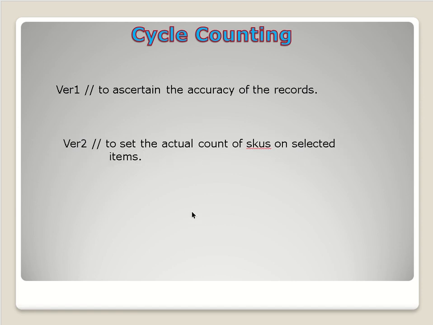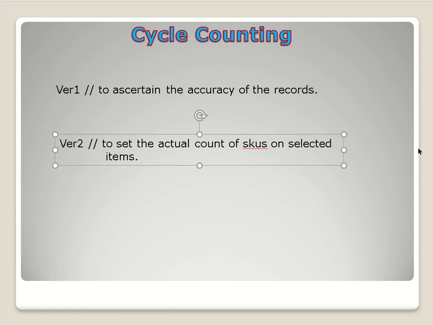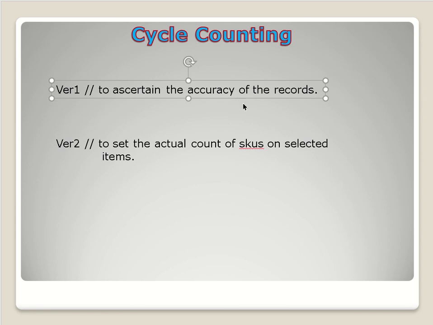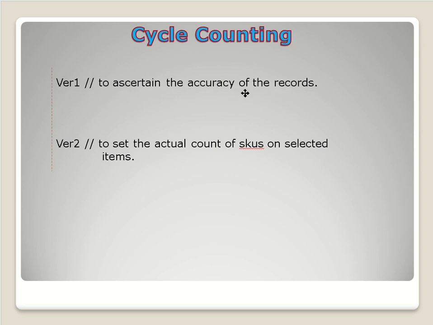So this version 2 is the one that is very much useful in the industry, because in version 1 you ascertain the accuracy of the records, you count, and then you see whether they are equal. If they are equal, then no problem. If they are not equal, then you start 100% count. Here, if not accurate, then do 100% count.